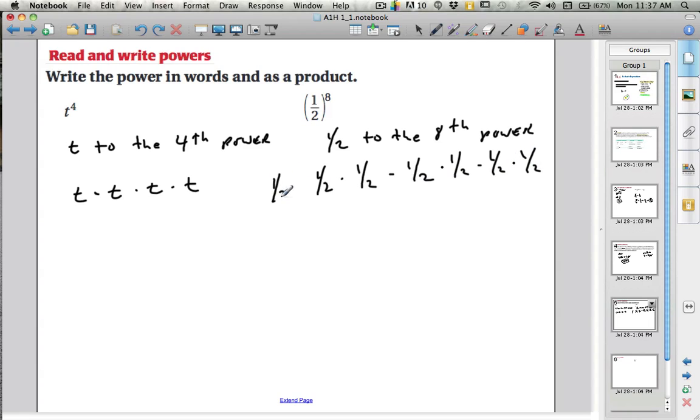Uh-oh, I'm short. Times 1/2 times 1/2. So 1, 2, 3, 4, 5, 6, 7, 8. Okay, so powers can be written as products. And it's important that we learn how to use the vocabulary of mathematics to describe these things. If you see this, it's read 1/2 to the 8th power.